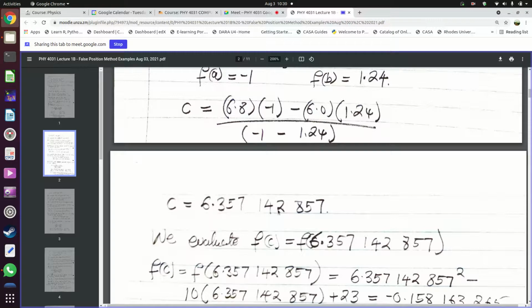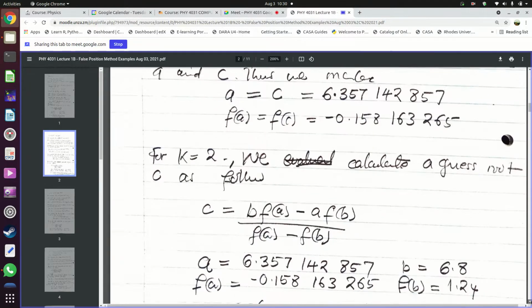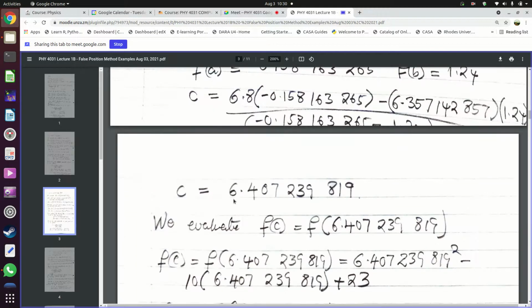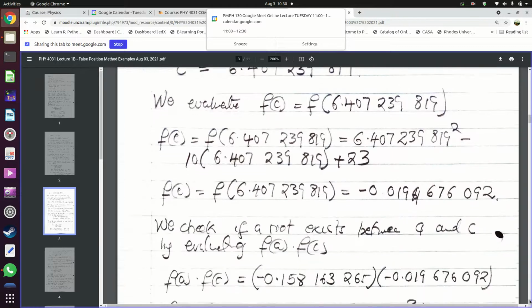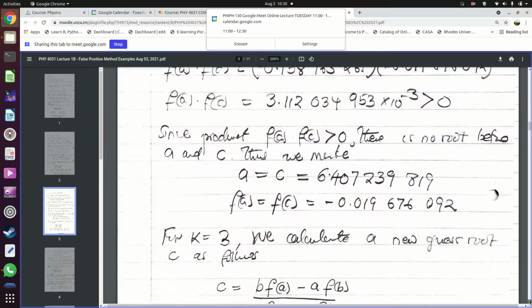From 6.357, so there is a 6 there, then it moves to a new C, which is 6.407. Then the new C we find, you notice that the 4 stops changing. The 6.4 stays in place.